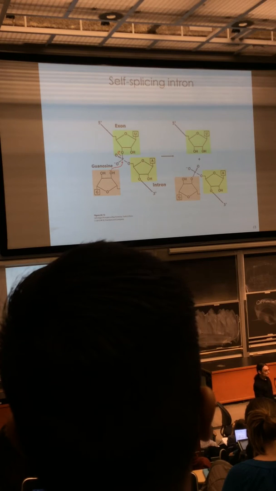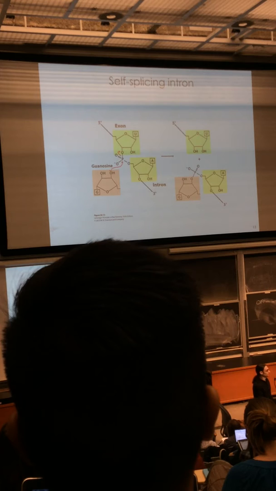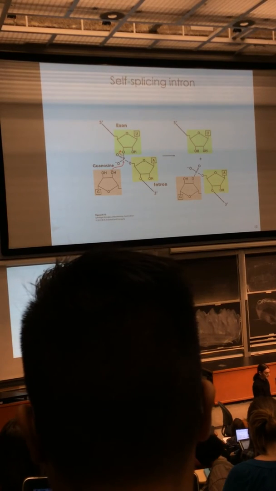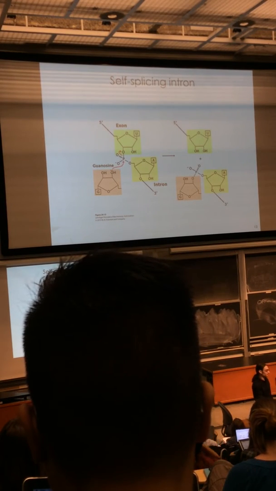So these group 1 self-splicing introns were the first class of self-splicing introns that was characterized and discovered, and these are present in a few genes in many different organisms, including bacteria, and in fact in bacteriophage.